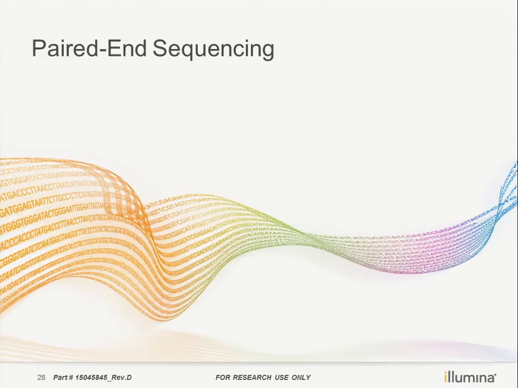It can also help you assemble your genomes more efficiently. For de novo assembly, or for fusion genes or splicing variants, with paired-end sequencing you have a higher chance of getting optimal data versus single read sequencing.